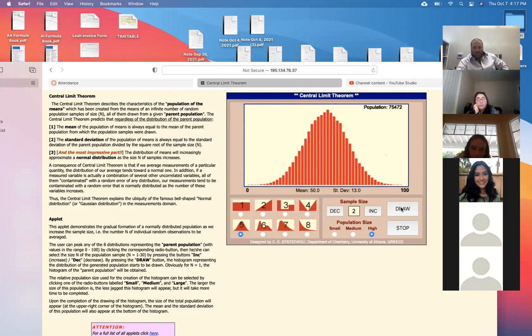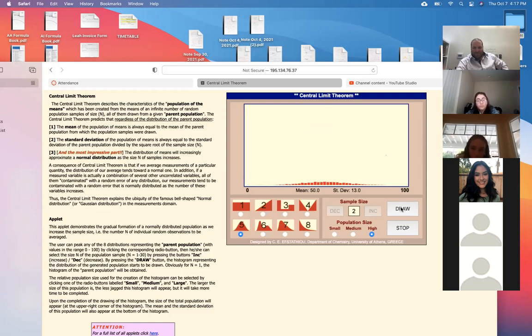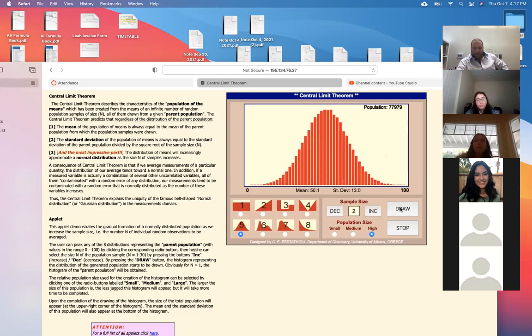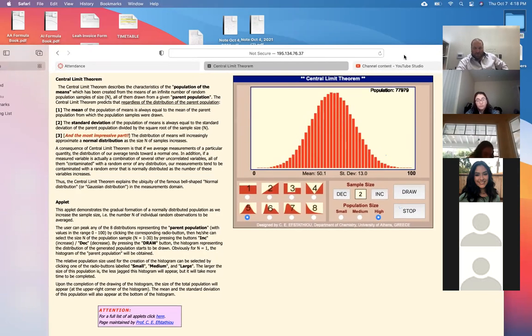How's the mean and how's the standard deviation when I do 2 at a time? So the mean is the same. And what happened to the standard deviation? It got smaller.